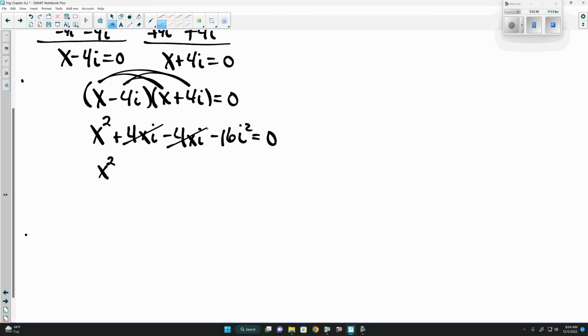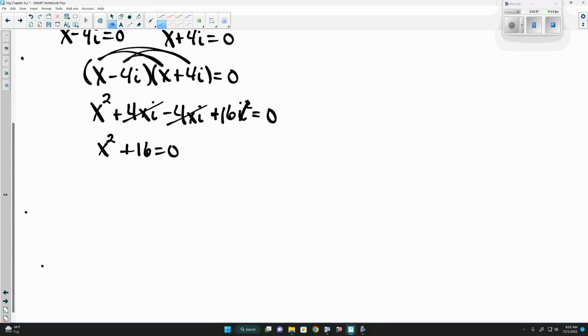Here, these will cancel. And again, i squared is negative 1, so it just changes it from negative 16 to positive 16. Any questions on how we got to this here?